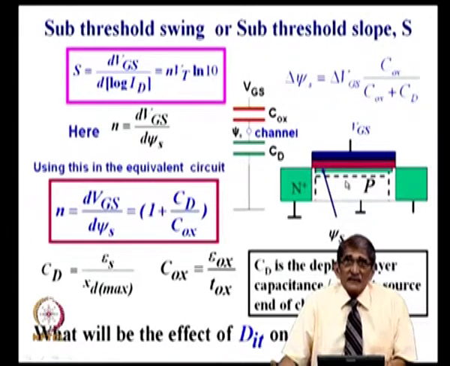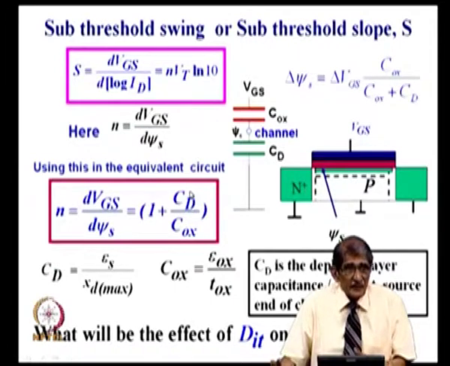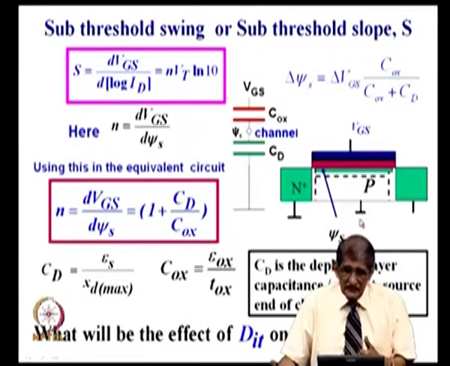If the doping is reduced, the depletion layer width is larger and CD will be smaller. But you can't tolerate that in short channel devices, because you look for reducing the effect of channel encroachment into the channel region. Therefore, you would keep the doping concentration higher.